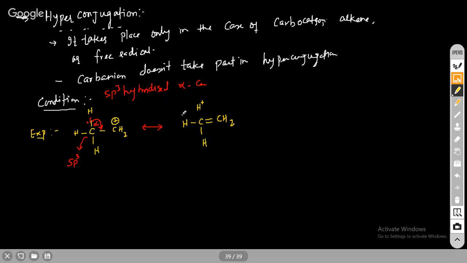Right? Now, it is also possible that either this bond pair comes over here, or this one comes over here, or this one comes over here. Any one of these bond pairs can come, right? So in all these possibilities, the possible hyperconjugative structure will be this.